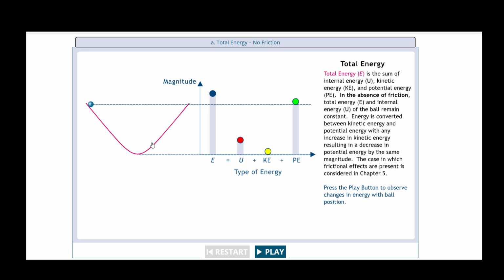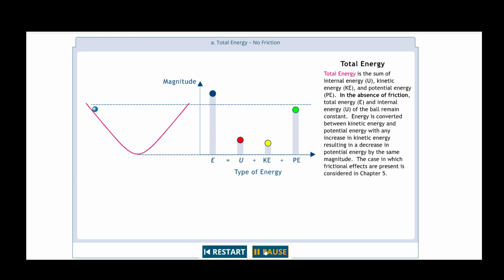Energy is converted between kinetic energy and potential energy, with any increase in kinetic energy resulting in a decrease in potential energy by the same magnitude, right? So if we're increasing kinetic energy by 3, then PE is going to decrease by 3. The case in which frictional effects are present is considered in Chapter 5, but right now we're looking at it as frictionless. So let's look at that.